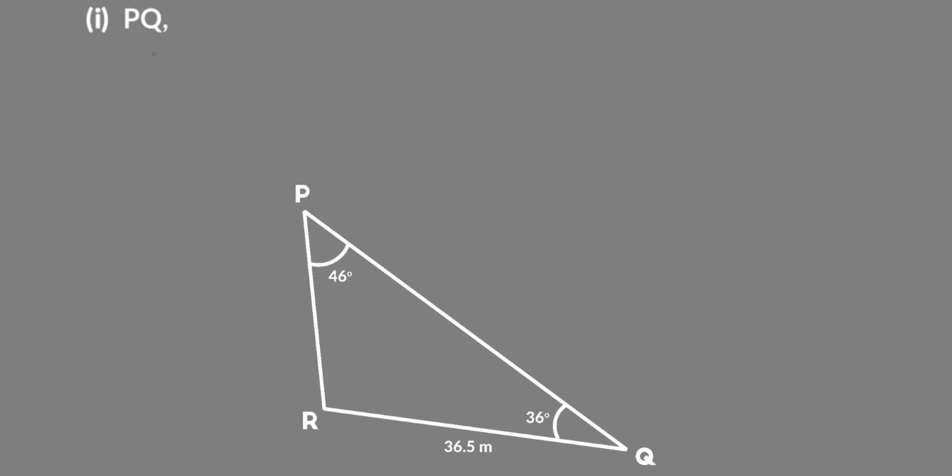Using the diagram, we can label the angle at R as PRQ, and it can be gotten if we subtract the other angles from 180, which are PQR and QPR.